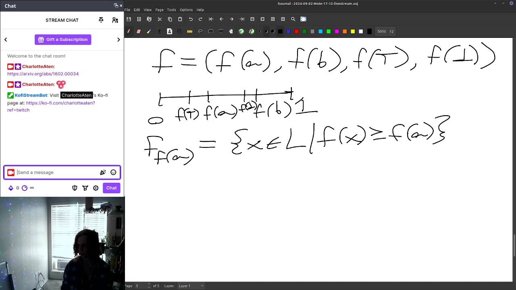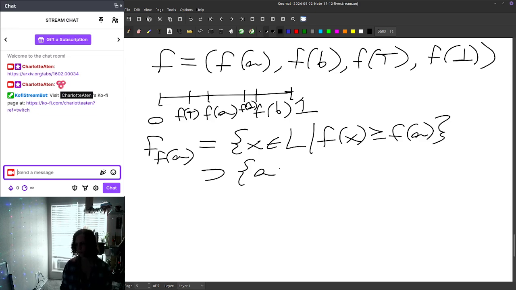Because f of a is greater than or equal to f of a. So we definitely know that this contains a.